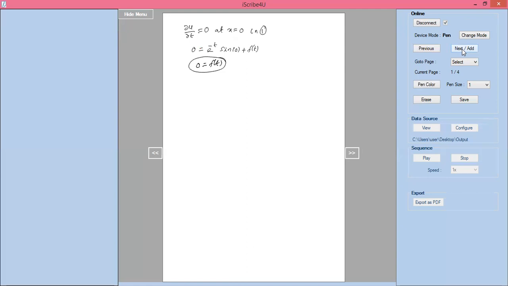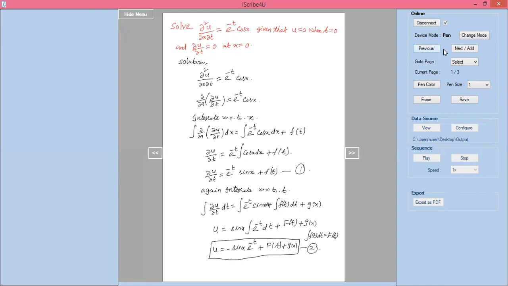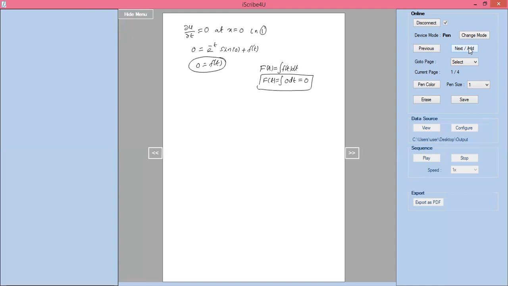Now capital F(t) is the integral of small f(t) dt, which is the integral of 0 dt, so capital F(t) is 0. Now I can substitute capital F(t) in equation 2.